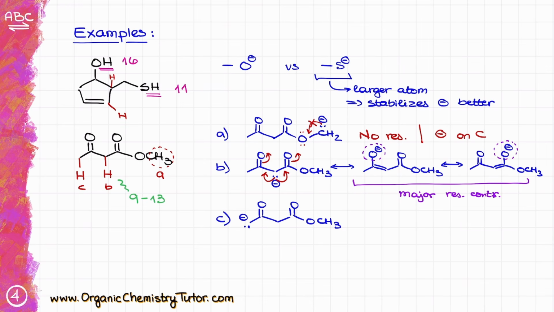And of course, I do have some resonance in the case of C, but in the case of C, I will only have one other meaningful resonance structure that will be able to stabilize my negative charge.